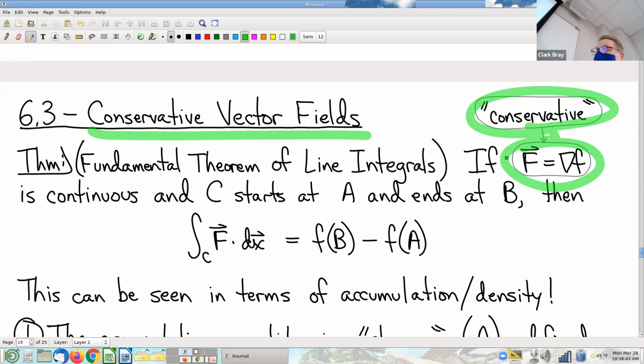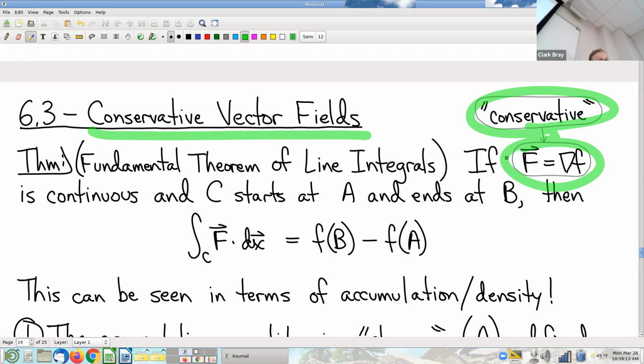The reason that they like to say conservative is because there is a very important feature of these kinds of vector fields that allows for making an interpretation in physics that, in particular, you can define this concept called potential energy, right? And if y'all have taken a physics class, you remember potential energy. So in order to make a meaningful definition of potential energy, you need this idea that comes out of the vector field being a gradient.